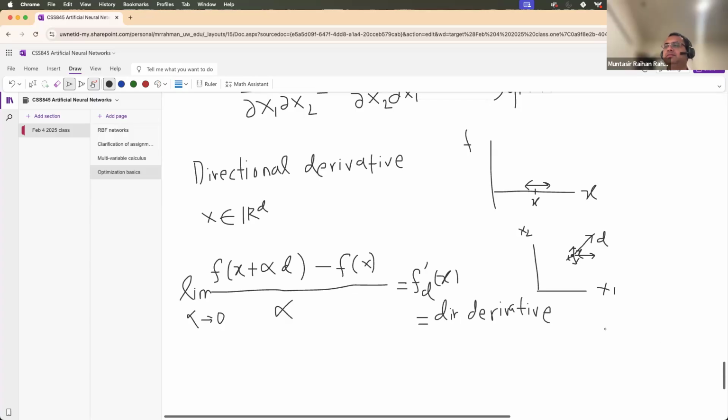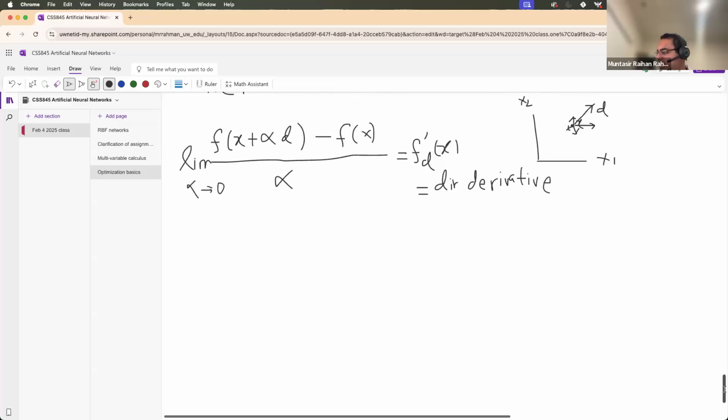of the function f. Okay, and as it turns out, this will always turn out to be the inner product of the direction d and the gradient of the function f. So this is a very important result, and let's look at an example of this.